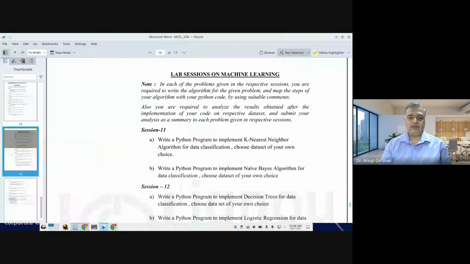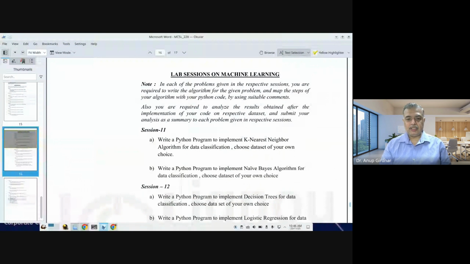Apart from that, we have another concept of decision tree and logistic regression. Both are also used for classification, but that is more hierarchical, as the decision tree name mentions. So how to implement that decision tree, and what is the concept of logistic regression.